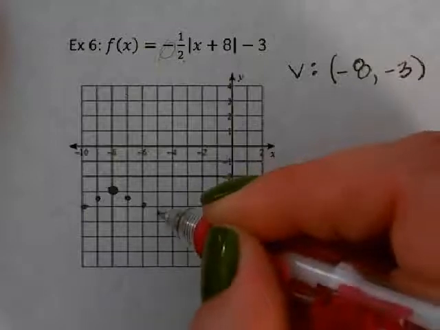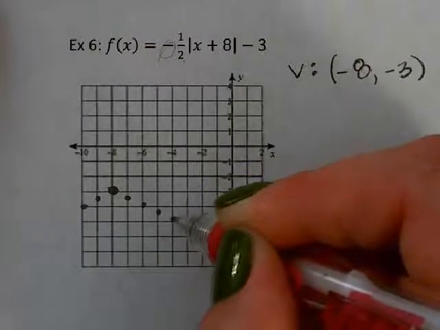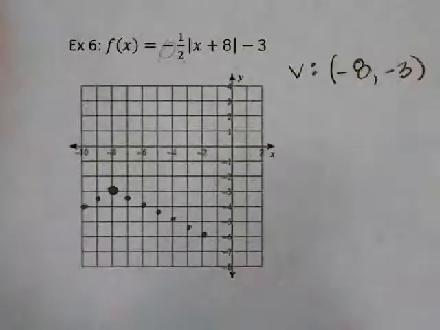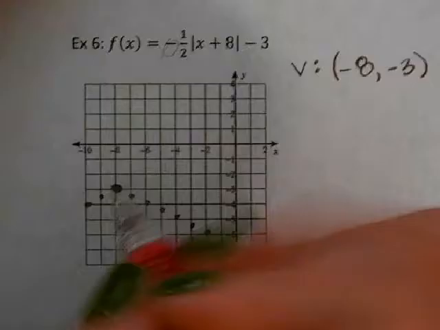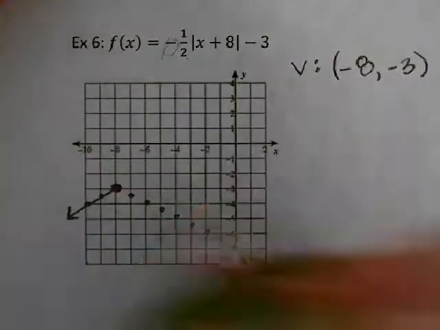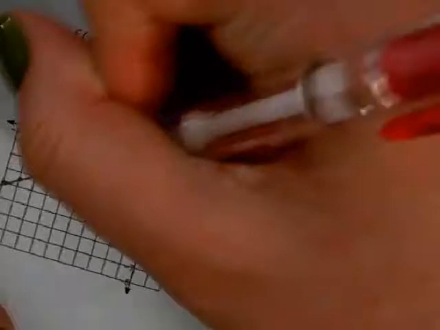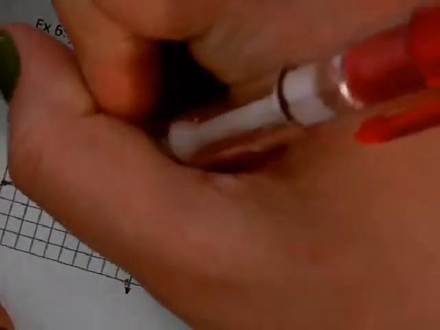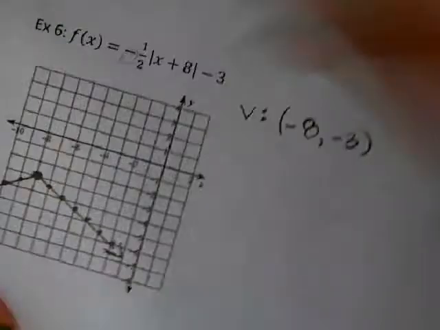Okay. So since it's compressed, it has the appearance of being vertically squished, like it's really wide.